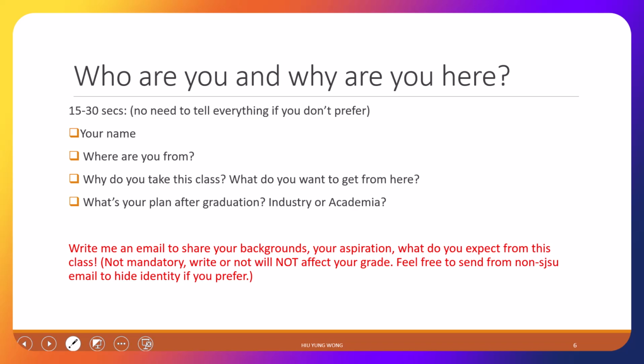For example, why do you take EE226? Maybe I cannot find any other suitable class. I just need 3 more units to graduate. Fine. Whatever goal you have, then you work towards your goal. For example, if I just need to get a B to graduate, then fine, you don't need to come to the class every day if you think you're okay.